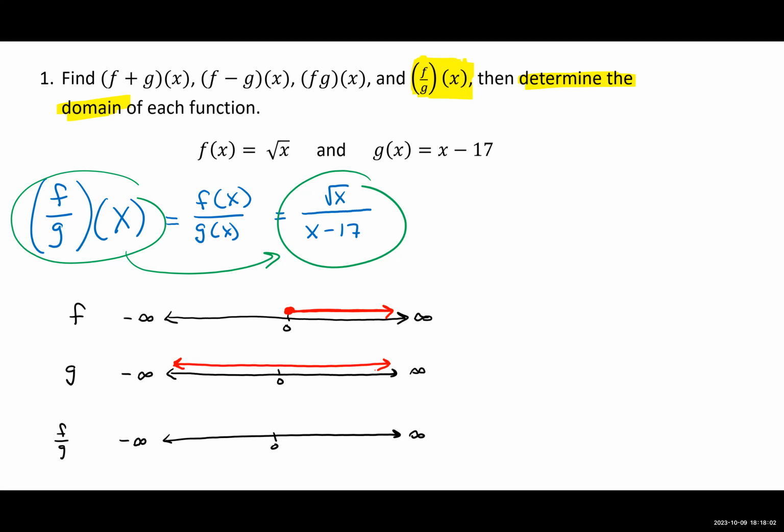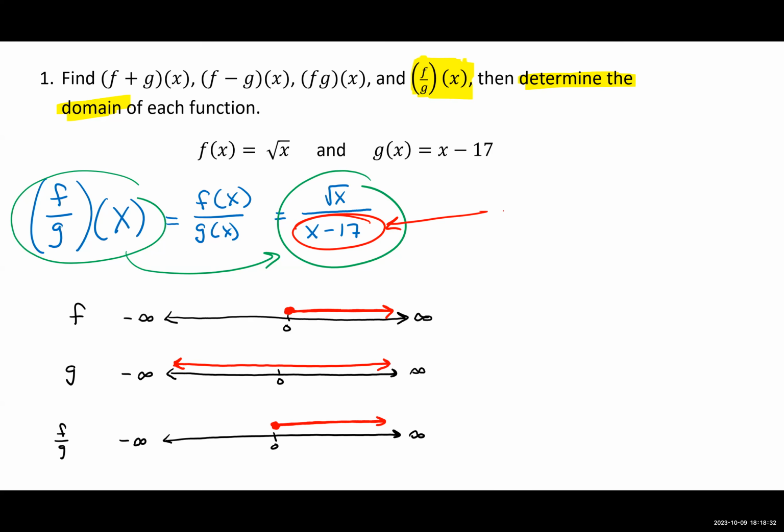Now the domain of f over g. Well, the numerator has a square root of x, so that means no negatives. So only 0 to infinity, but there's an x minus 17 in the denominator.